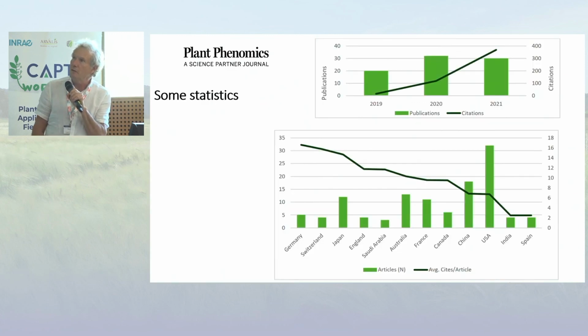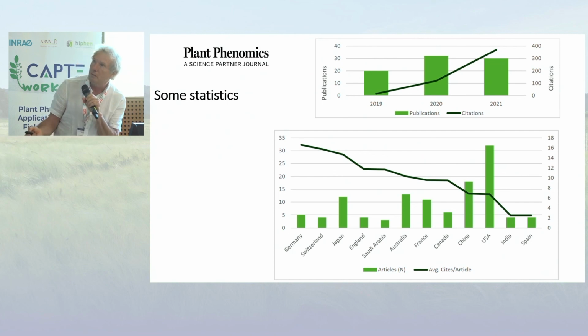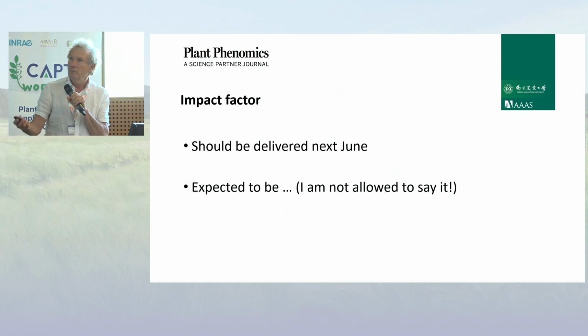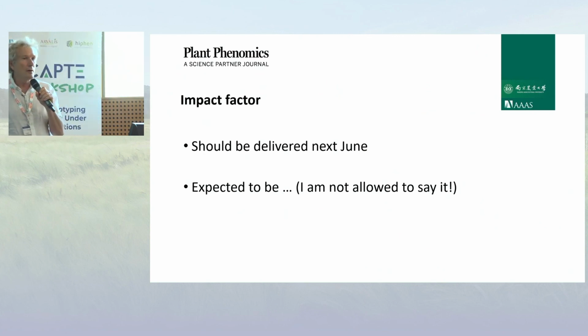Just some statistics. The journal was started in 2019, and you see the increase in terms of number of articles and number of citations coming from different places. And then, this is maybe the information that you are looking for.